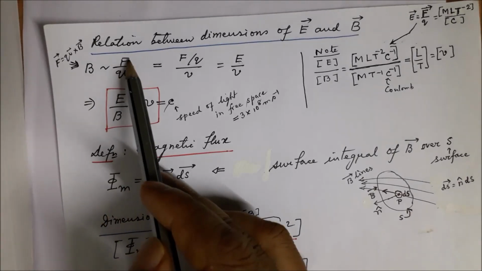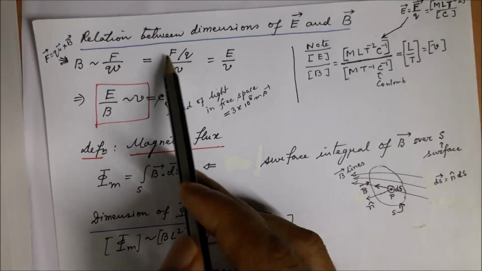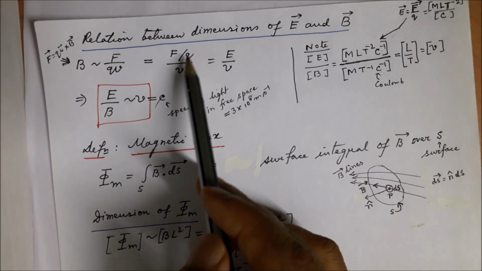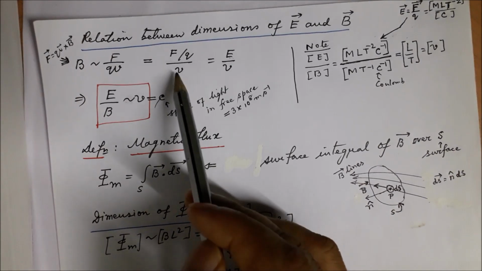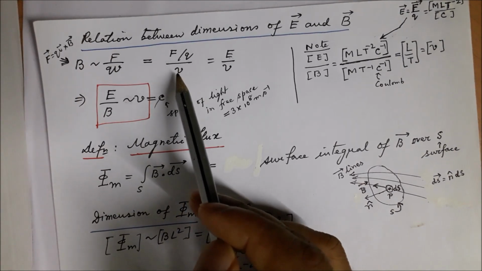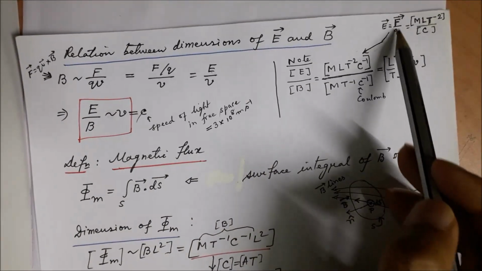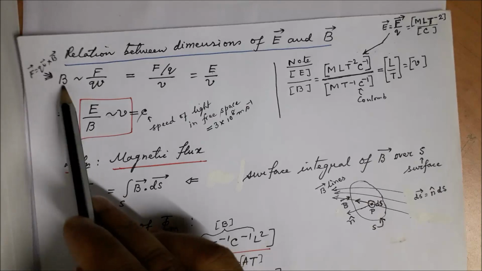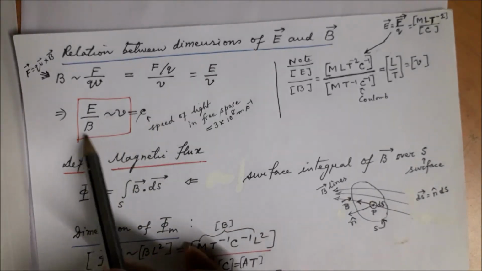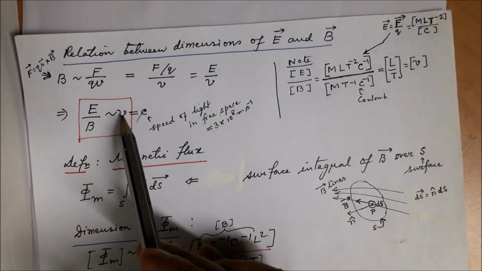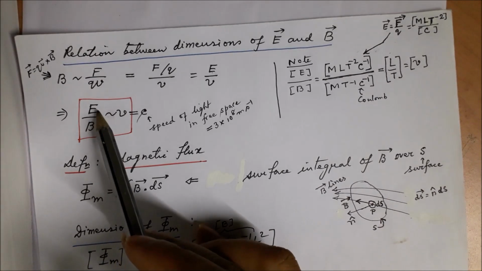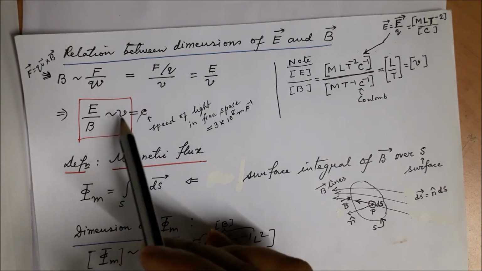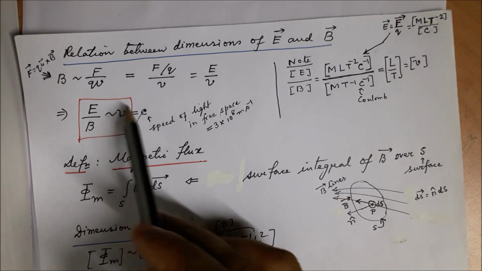So B is F by QV, and we can write F by Q in the numerator. Denominator contains just V, and we know by Coulomb's law F by Q is E. So instead of F by Q we have E. So B is E by V, which directly gives us E by B is of the order of V. So the ratio of electric field and magnetic field is actually a velocity.